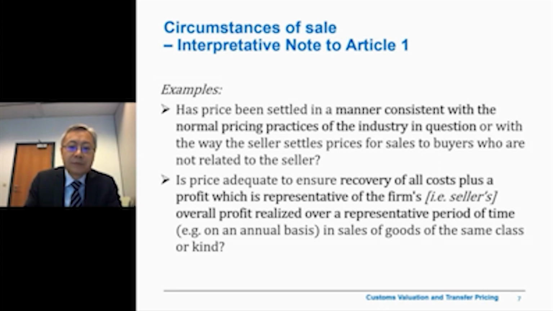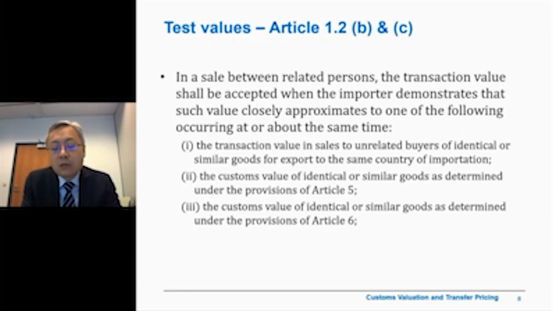And in the agreement, there is another way to make certain whether there is influence on the price or not. It's test values under Article 1.2.